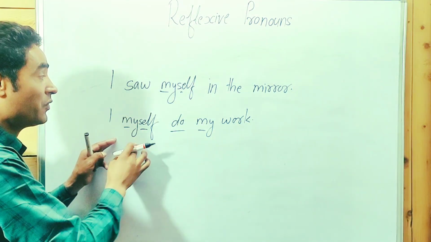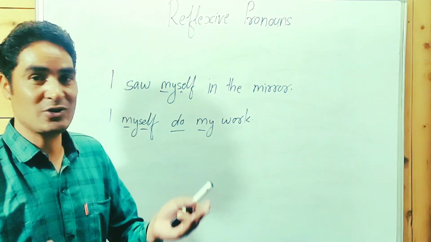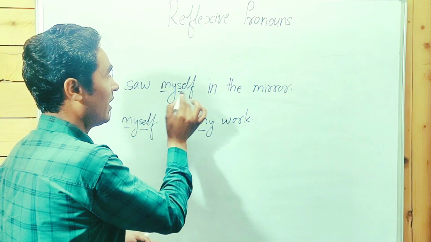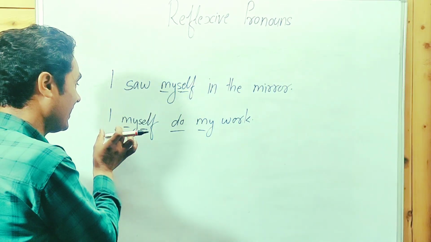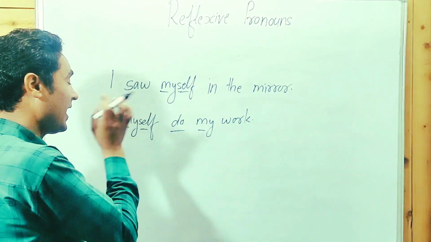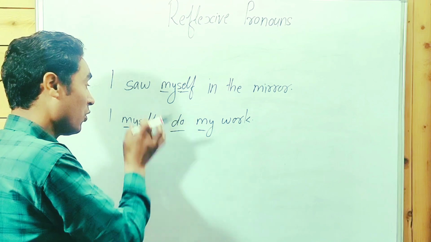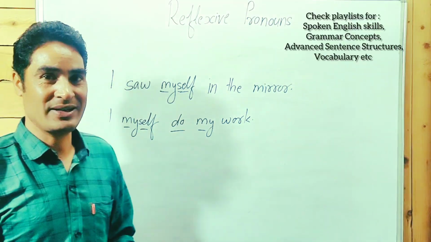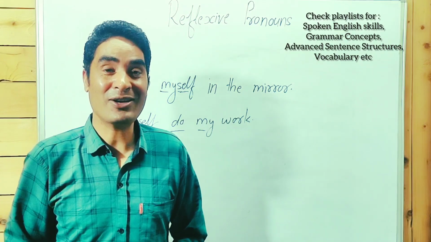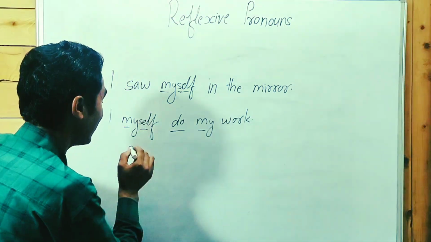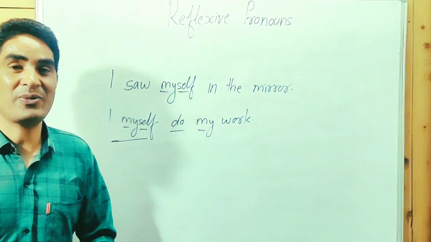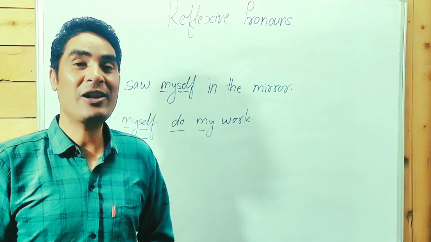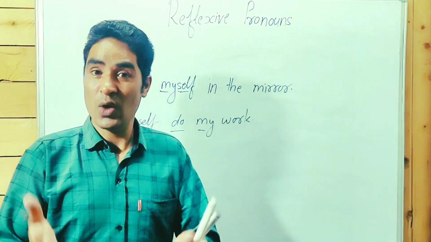But here, "I myself do", after the subject and before the verb we have used a reflexive pronoun. What does it mean? We will learn about it in the next video. This is an intensive pronoun, guys. Point to be noted.